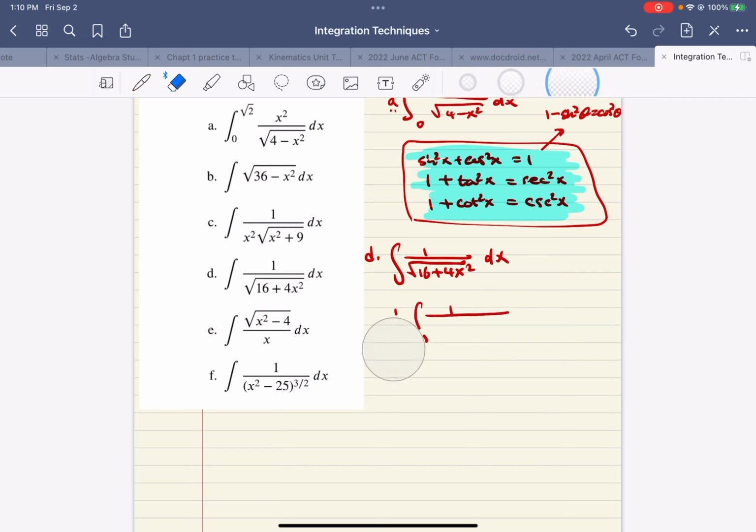Okay, maybe I have to do it step by step. So then you can do 1 over root 16 and then 1 plus 4. Actually, you can take out 4, not 16. So when you take out the 1 plus x squared.